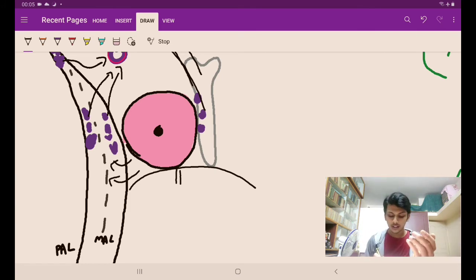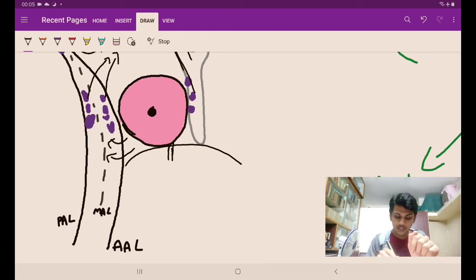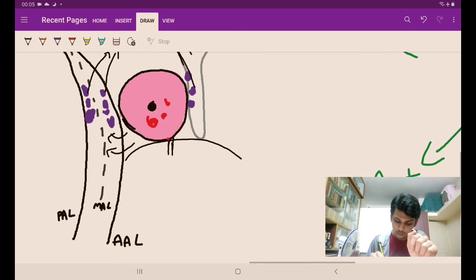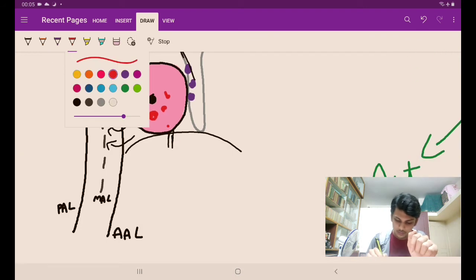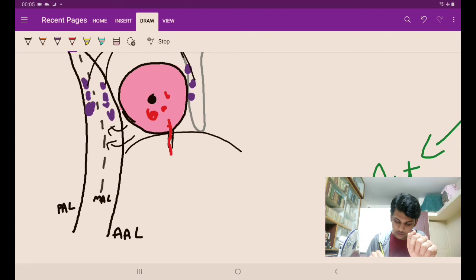So there are lymphatic connections between the thorax and abdomen through the diaphragm. So if breast cancer happens like this, I have written this in red. If there is cancerous tissue here, it can spread into the abdomen too, like this. It can go there. The liver is here, so it will affect the liver. It will affect the abdominal organs.